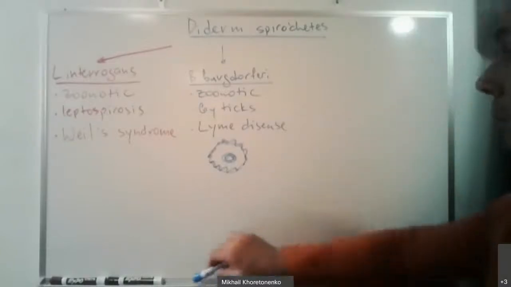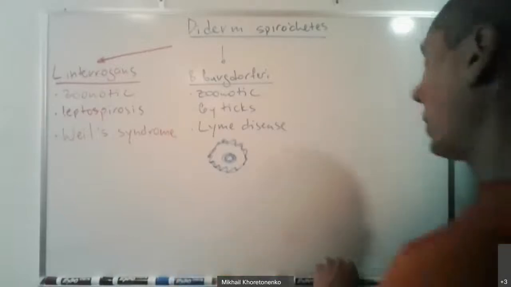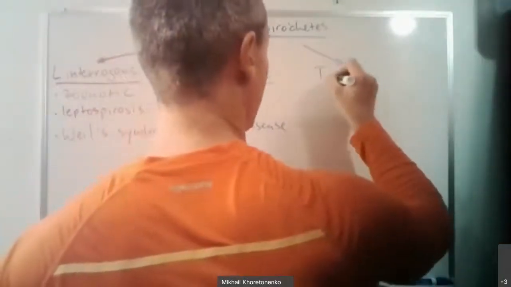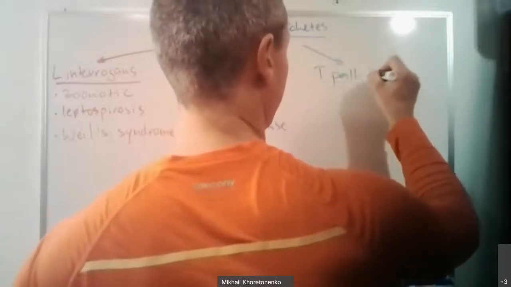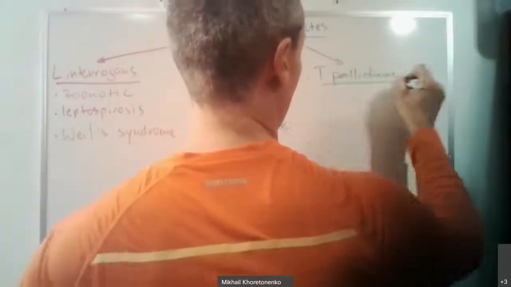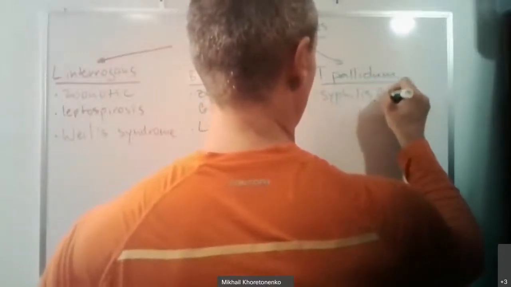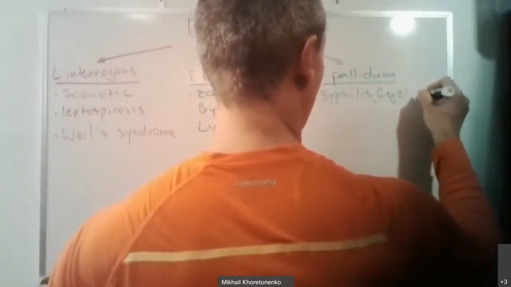Lastly, the most exciting, if we can say this, of them all is microorganism called Treponema pallidum, a causative agent of syphilis, bejel, or yaws.